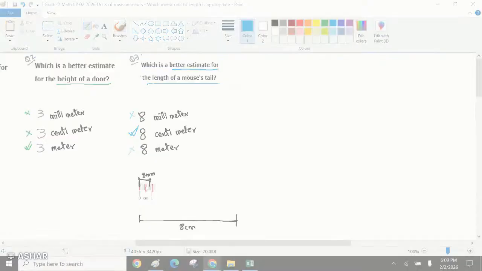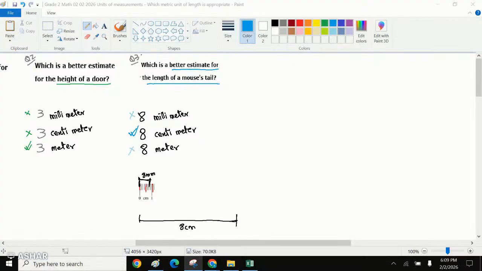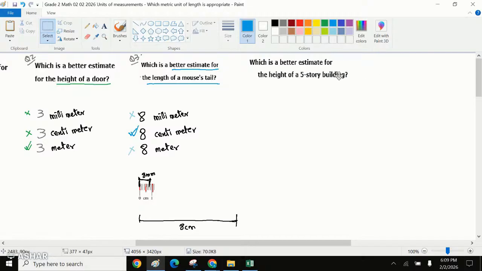If we need to find which is a better estimate for the height of a 5-story building. 5-story building, okay? That means it has a height of 5 floors on it. And the given options are, I'll write down the given options.